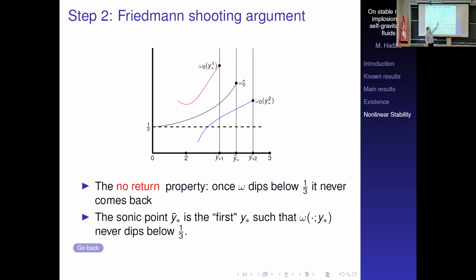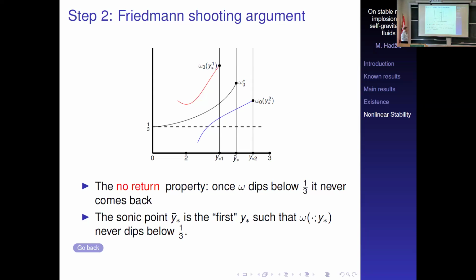And if you start off very close to 2, you can show that the solution never dips below 1/3. To have a solution, I have to reach 1/3 as my boundary value at y equals 0. So you can now imagine a shooting-type argument that will tell you that you can identify the sonic point as the first value coming off from 3 going left for which the dipping doesn't happen. That's in fact how we define the sonic point.